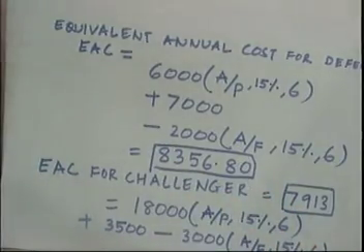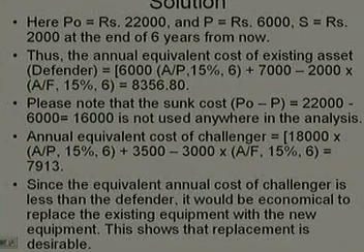So, what we find here is that if I continue to use the Defender, I have a cost liability of rupees 8,356 and 80 paise, whereas if I go for the Challenger, my equivalent annual cost liability is only 7,913.